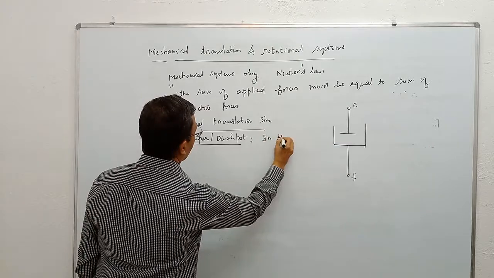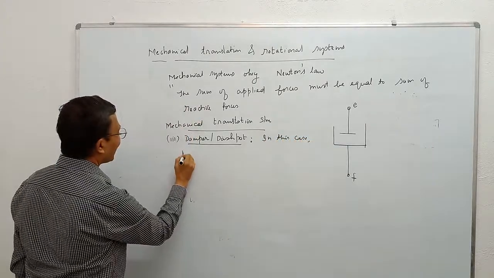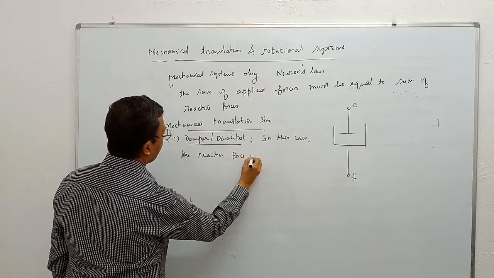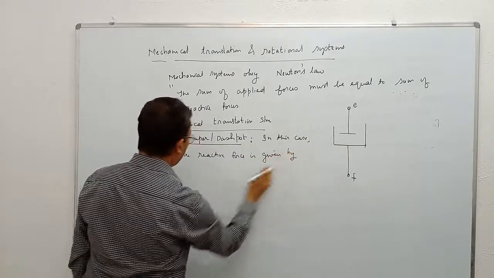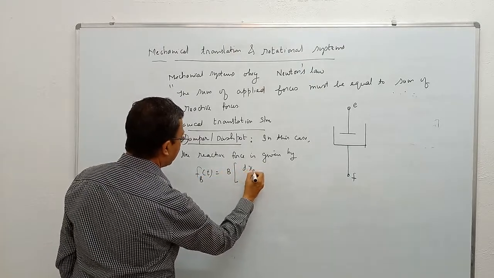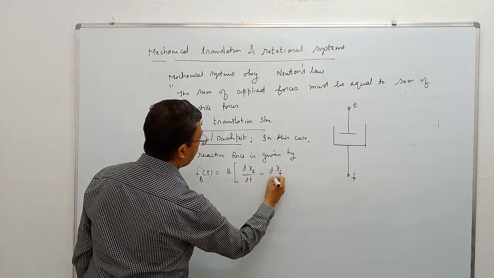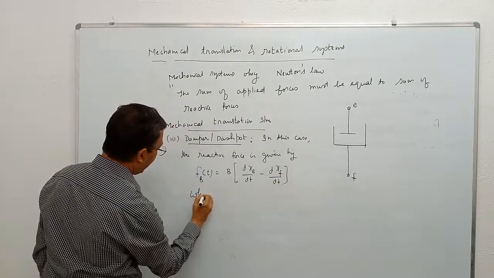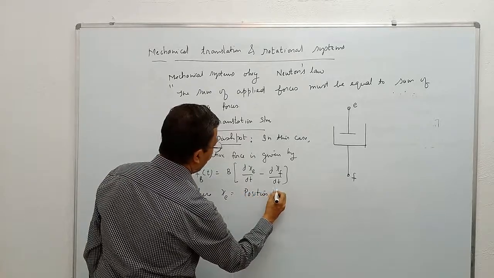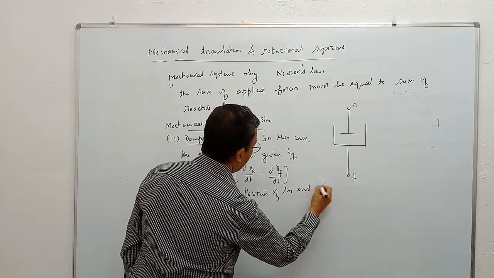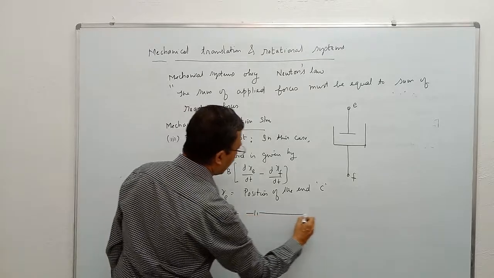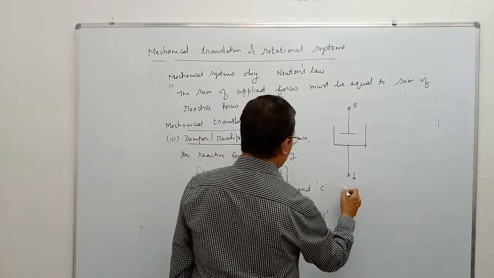In this case, the reactive force is given by Fb of t is equal to B into dxe by dt minus dxf by dt, where xe is equal to position of the end E or point E, xf is equal to position of the end F. Both are in meters.